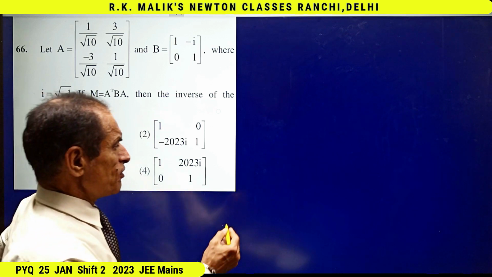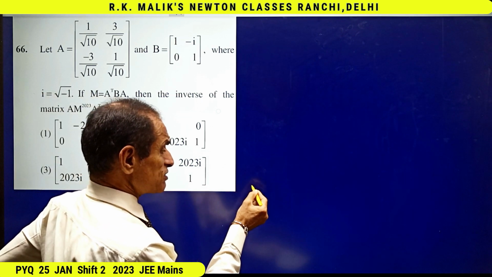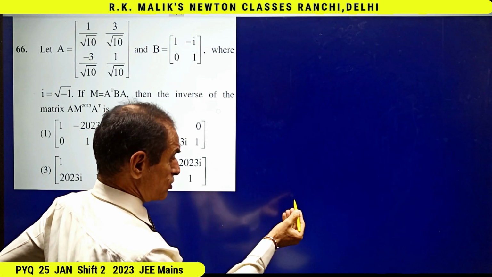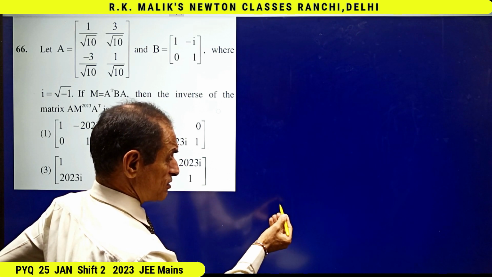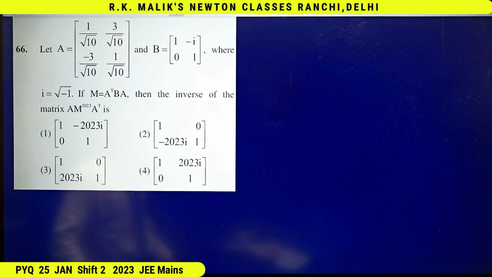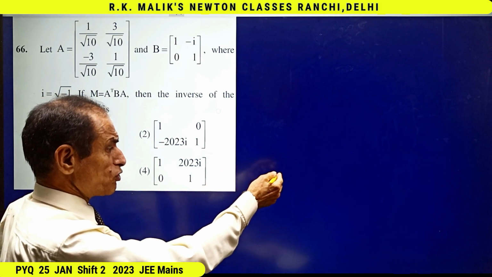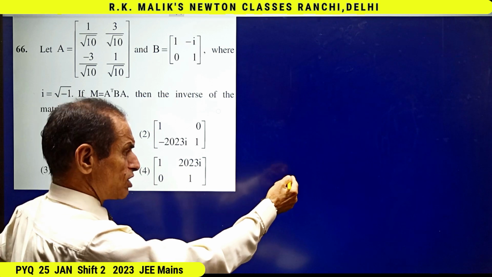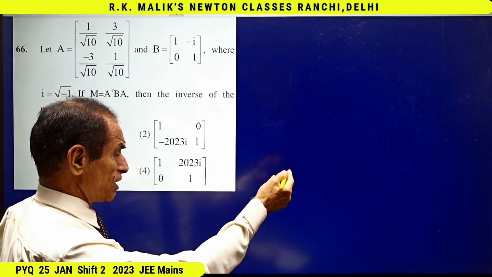Note that whenever in some question a high power of a matrix comes, to simplify that matrix, you can take the help of the Cayley-Hamilton theorem. In the case of a 2 by 2 matrix, there is no need to go by the general way, because using the Cayley-Hamilton theorem is good for a 3 by 3 matrix or higher order matrix.